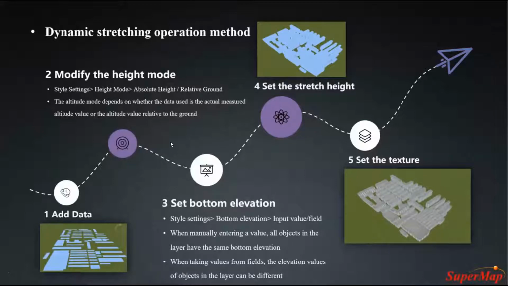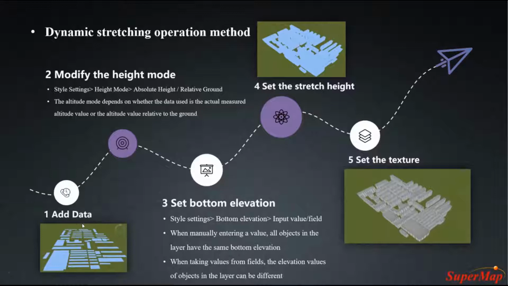After the preparation of our data, we can do this dynamic stretching, which is also divided into 5 steps. These 5 steps are also questions in the quiz, so you should pay attention to these 5 steps.